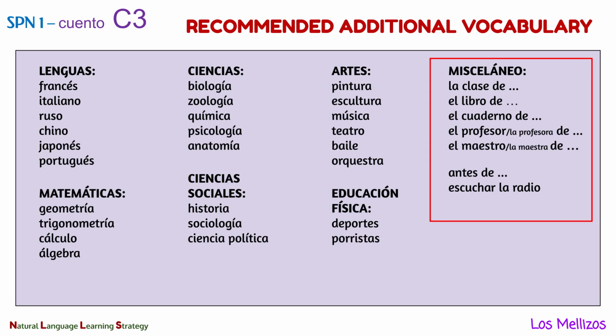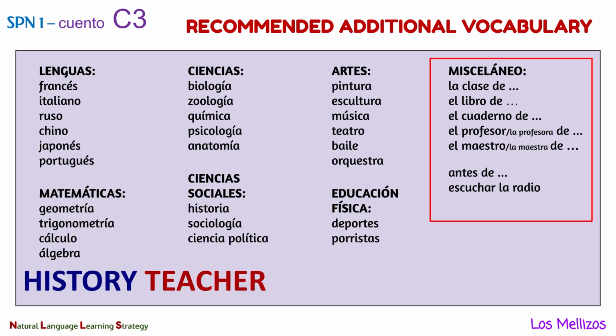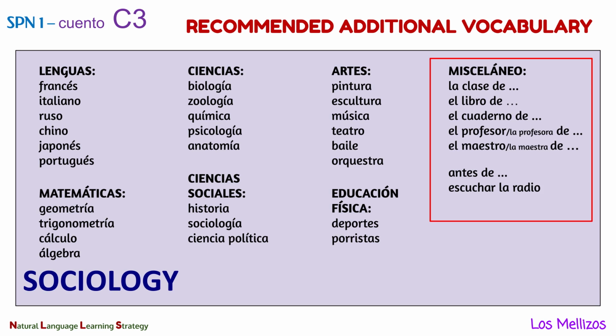When we talk about school subjects in English, we're used to putting the subject first, followed by anything related to that subject, like Spanish class, history teacher, chemistry book, psychology professor, or sociology notebook. Spanish works a little differently because the name of the subject is technically describing the kind of class, teacher, book, professor, and notebook the subject goes after.